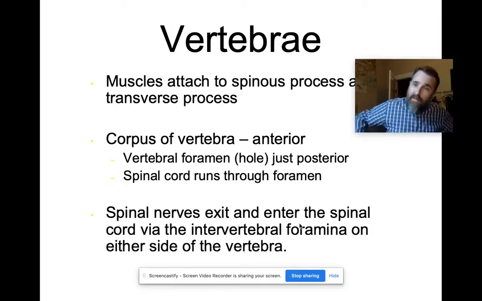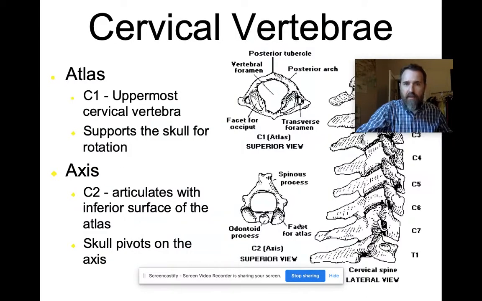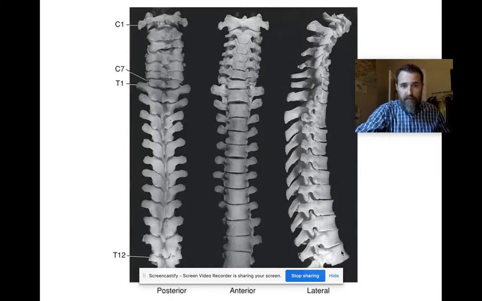If you go down and look at the lumbar vertebrae, these have, by comparison, big dinosaur-like transverse and spinous processes.